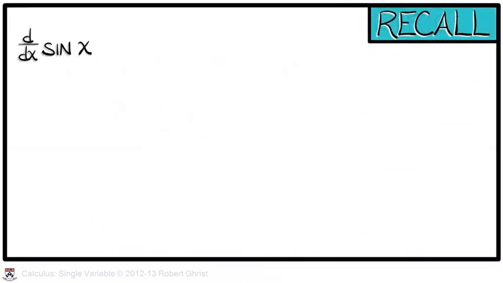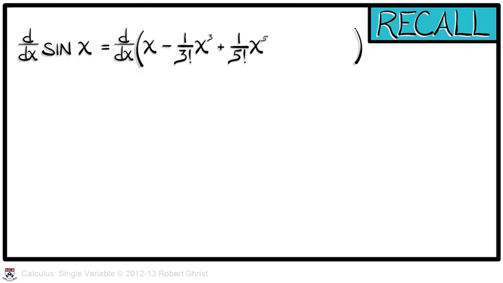Now you may recall that the trigonometric functions have some very nice properties with respect to calculus. For example, you may remember something about the derivative of sine of x. Let's see what happens when we take our newly derived expression and differentiate it as if it were a long polynomial.